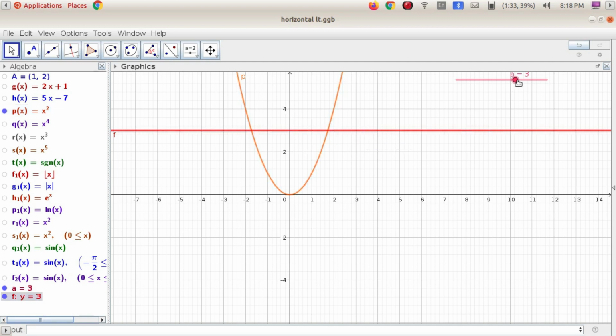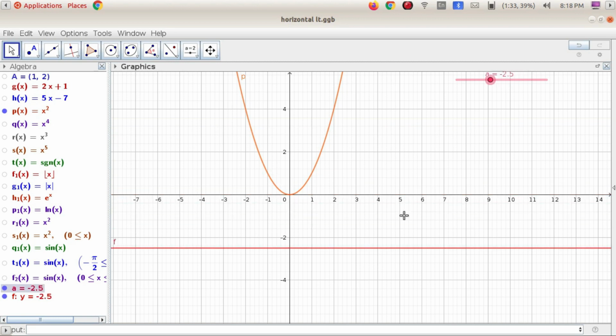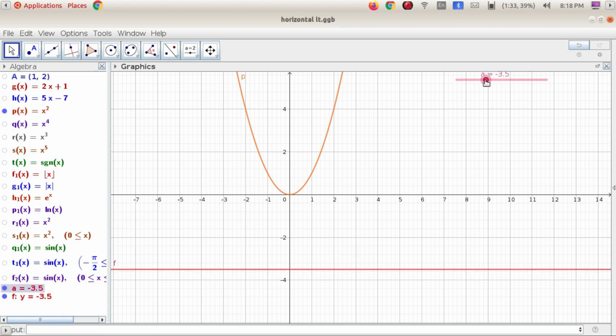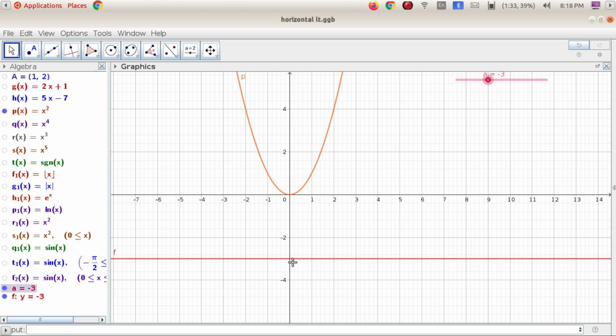When we move this slider, here this horizontal line, the value of y is minus 2.5. Now consider the value equal to minus 3. Here the y value is minus 3. This y equal to minus 3 has no preimage. We know that x square is positive for x greater than 0, and when x is less than 0, x square is also positive.